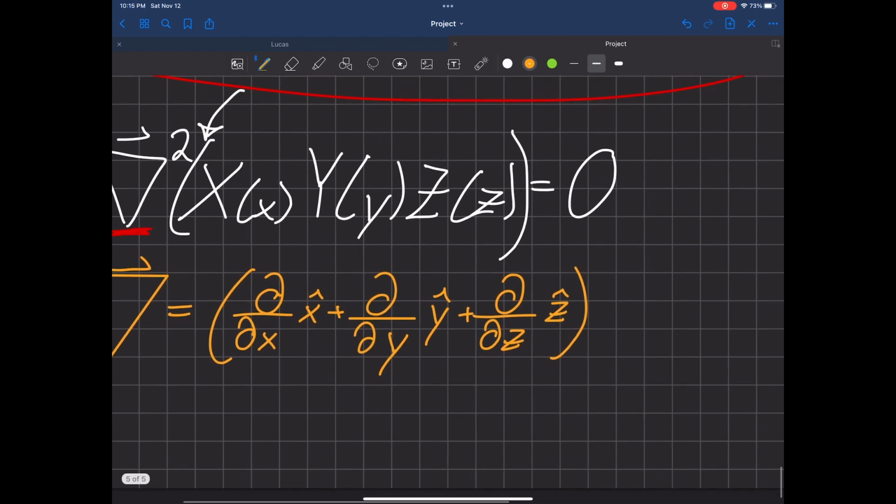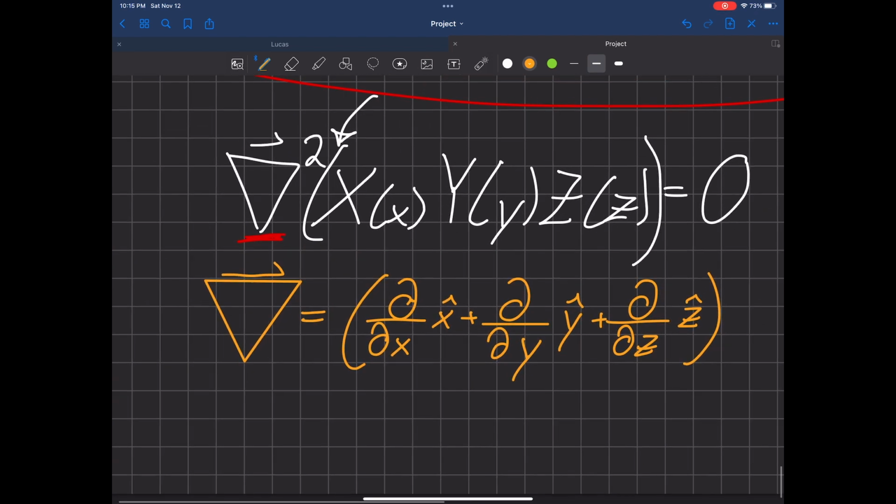All right, well, how do we square something? If it's a vector, that's what this little arrow right here means, it's a vector. We dot it with itself, right? So if you want to find a vector velocity squared, you'd have to do v dot v. So that's all we're going to do here.